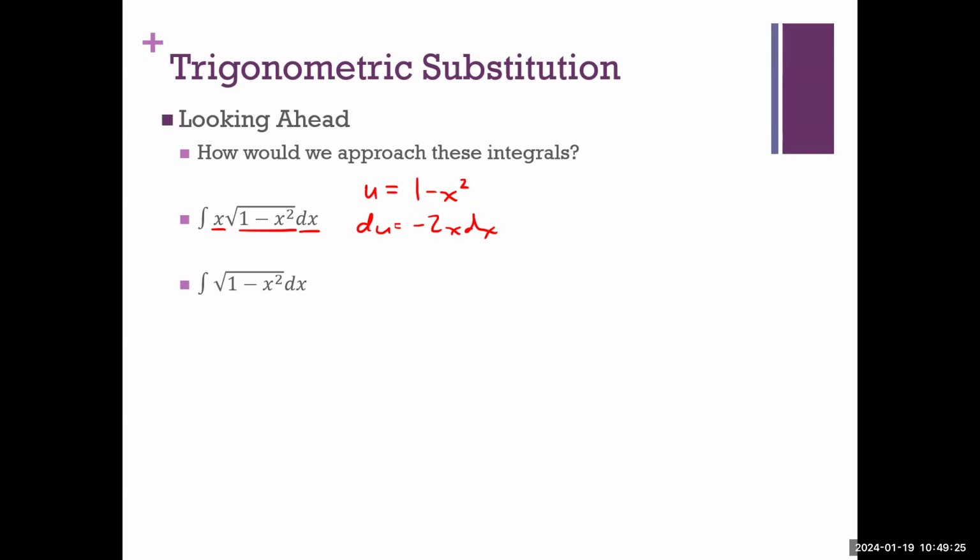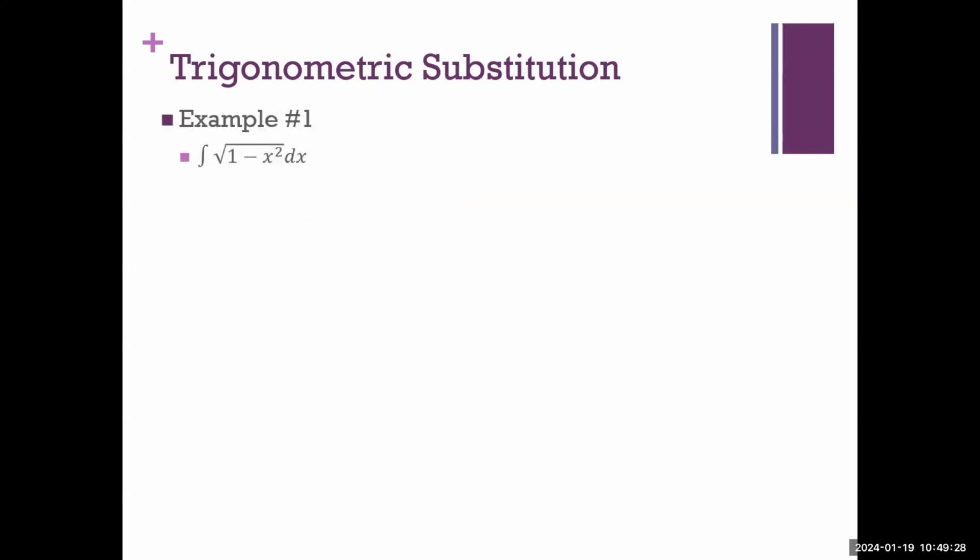And the one thing I will say is this. We're doing the exact one. So what makes this hard to do? You can't get a du, right? But what if it was the square root of x squared dx?